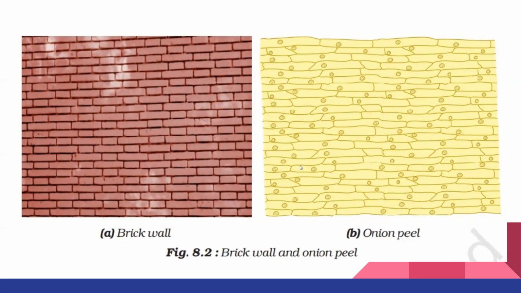So many are joined, then we get the onion tissue. Both are shown together so that we can see the comparison between them. Cell is to living things as brick is to brick wall.